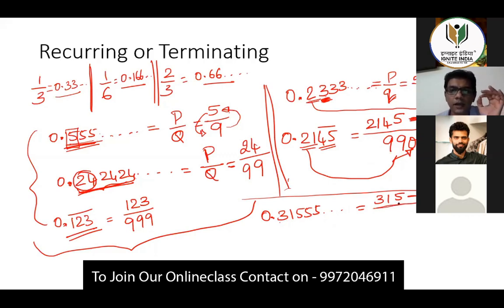Basically, I subtract the digits which are not repeating. Now the denominator. How many digits are repeating? One digit is repeating itself. So 9. And how many digits are not repeating? 2 digits are not repeating, and thus 2 zeros. So this becomes the P by Q form of this particular number.